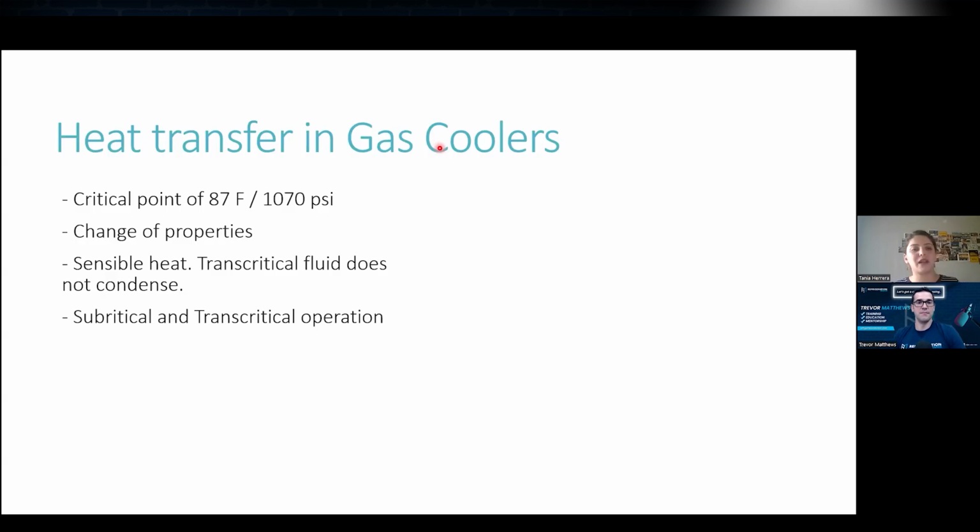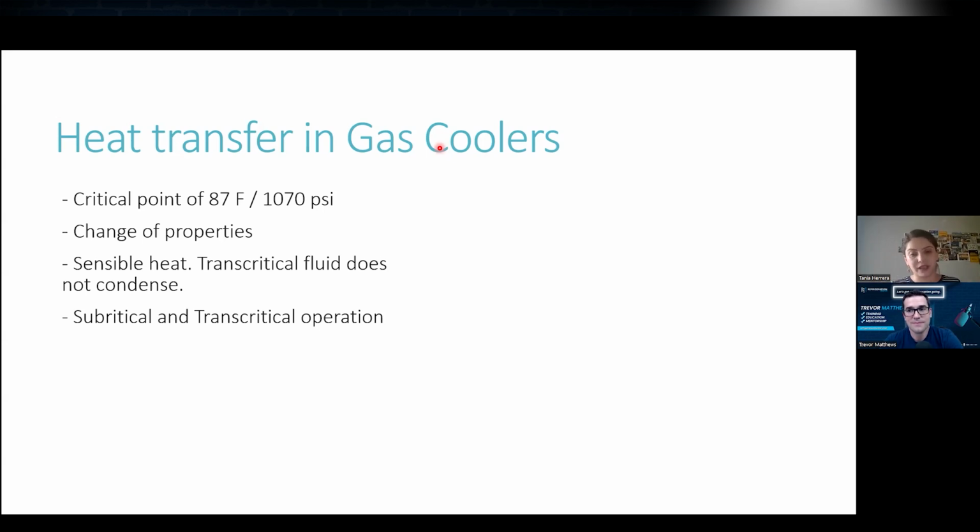But what is special about the gas coolers and the heat transfer in the gas coolers? Well, we know that our gas coolers are part of a transcritical system, right? But the gas coolers won't operate in transcritical operation the whole year. So it will be a condenser some months and a gas cooler some other months.